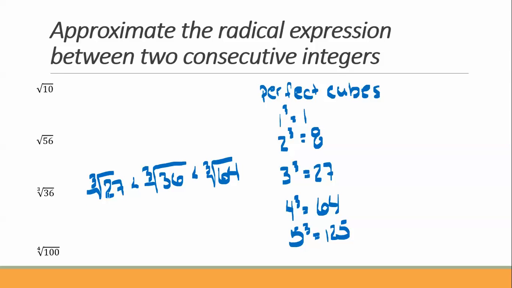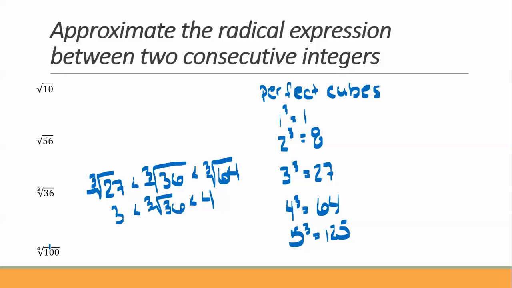But if we evaluate, the cube root of 27 is 3, and that's less than the cube root of 36, which is less than the cube root of 64, which evaluates as 4. 3 and 4 again are consecutive integers, so the cube root of 36 is somewhere between 3 and 4. Again, it's closer to 3 than it is to 4.